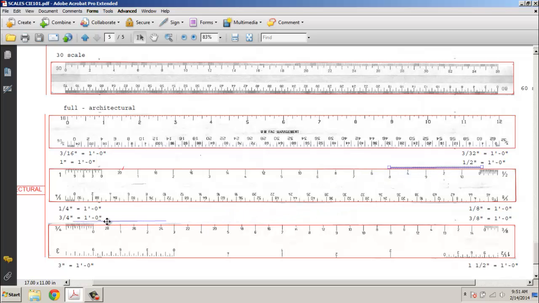Down here we've got 3/4 of an inch equals a foot. So if I put it on the 2, it's too far. So it has to come out to the 3. And this one would equal 3 feet, 3 feet 5 inches. 5 segments here. So there's 6 inches, there's a foot.